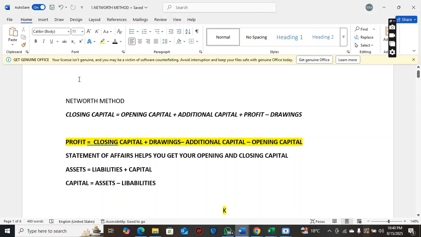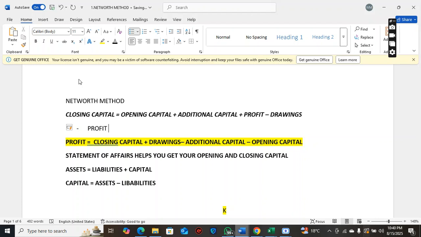Okay. And I clearly understand your question. Yes. Your question is based on when making profit the subject of the formula. You were saying profit should go to the other side and closing capital should cross over the other side. Yes. So it becomes negative profit since it's crossed the other side.